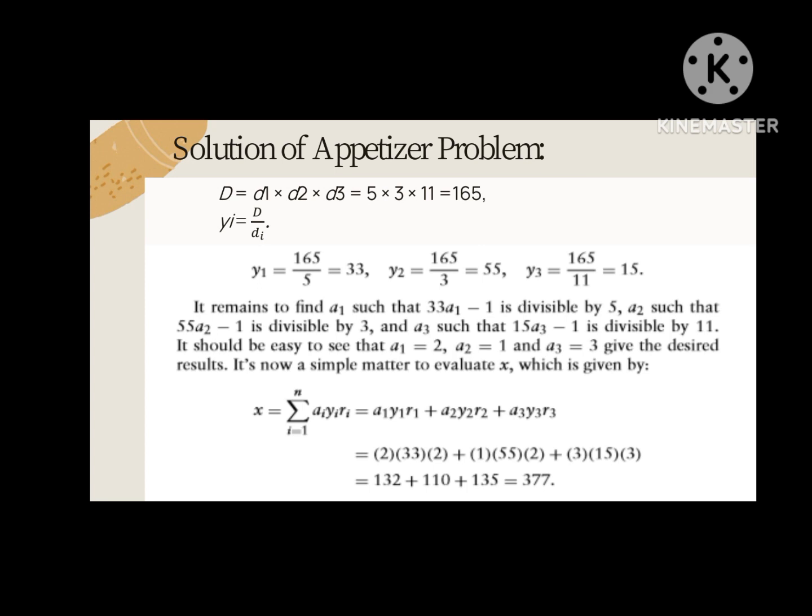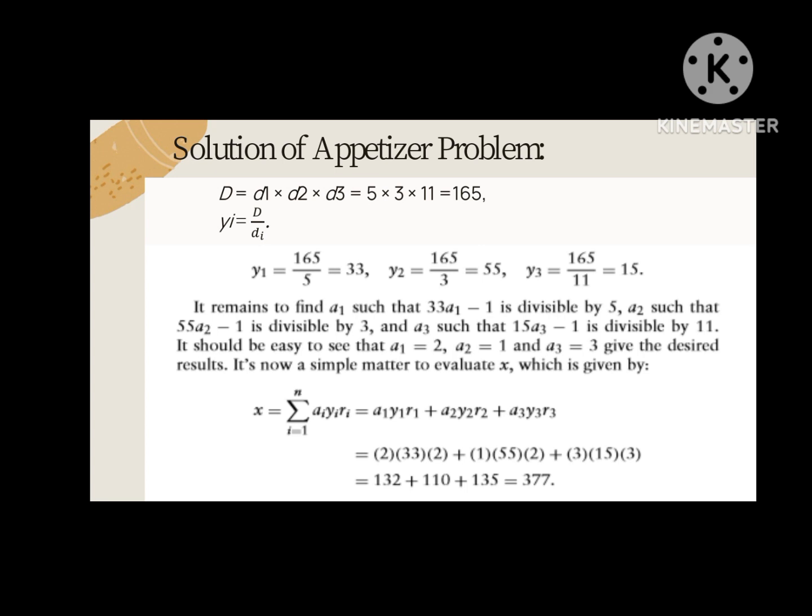Y1 is 165 over 5, which equals 33, while Y2 is 165 over 3, which equals 55. Y3 is 165 over 11, which equals 15.